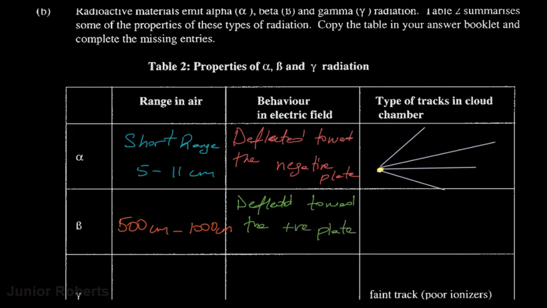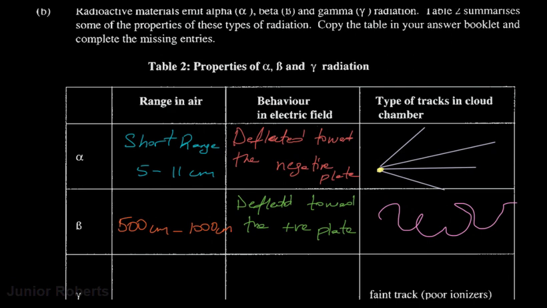While in a cloud chamber, because it's an electron, a very lightweight particle, it forms some very random tracks that change direction over time. So the tracks will look something like this in a cloud chamber, a quite random pattern changing in direction over time.